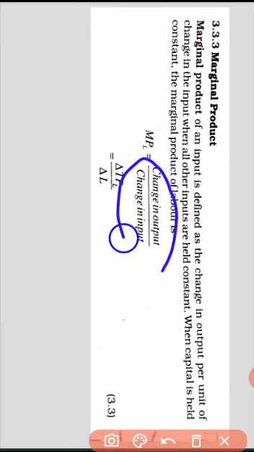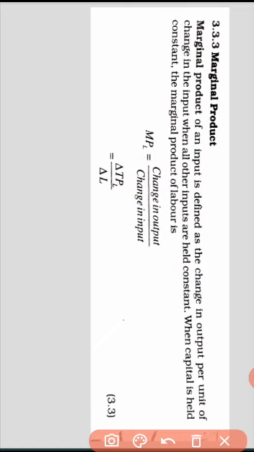So how are we going to study the marginal product? We are going to study our marginal product by using MPL, which is change in output divided by change in input. Change in output means how much change has happened because of the change in input. Here the input is labor.